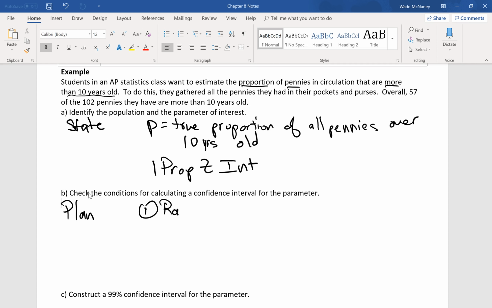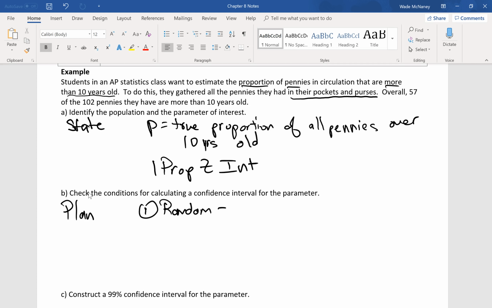Is this a random sample? Okay, so this one has a little bit of debate. We're checking for randomness. Are the pennies in their pockets and purses truly a random sample? Probably not. But did they really have a whole lot of control over the coins that they actually got? Maybe they did.